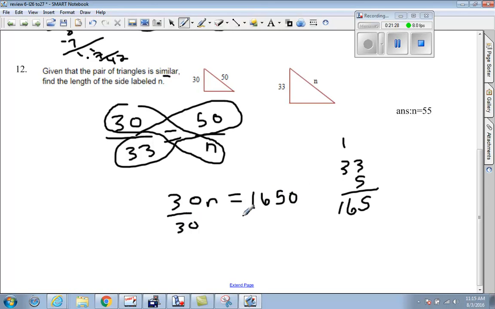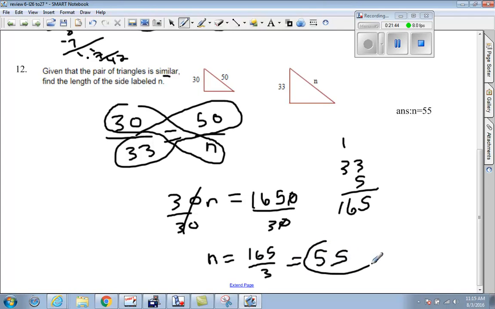And then right at the end, to solve for n, we're going to divide both sides by 30. Zeros cancel, so whatever 165 divided by 3 is, which is 55. And voila, we got the missing piece.